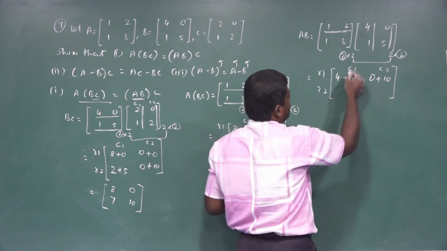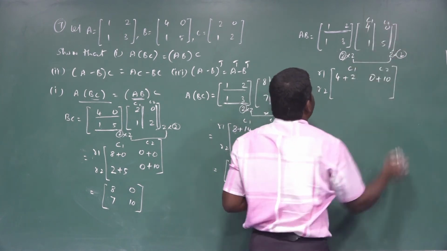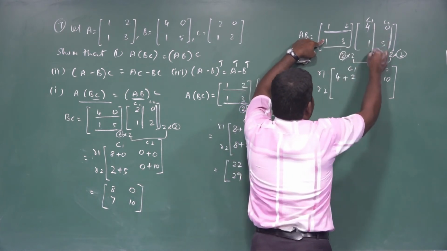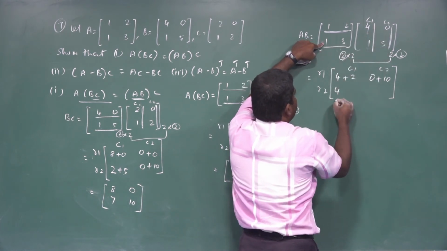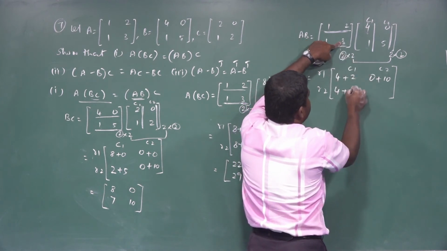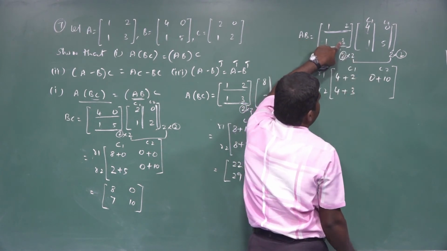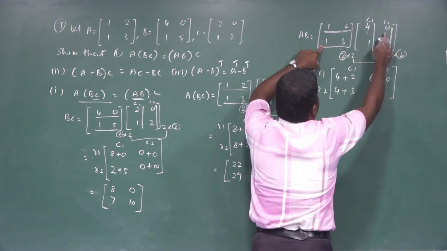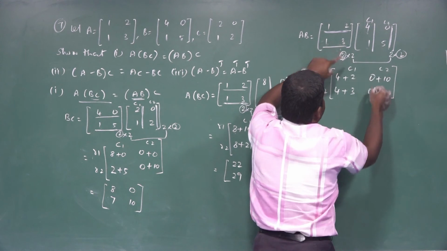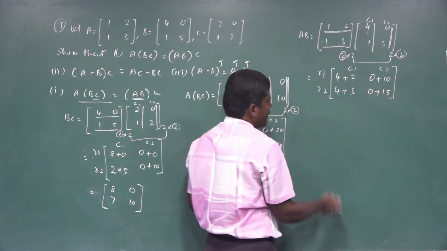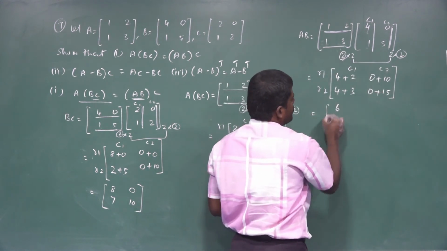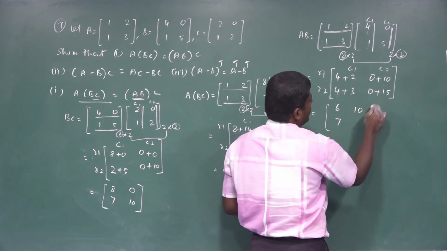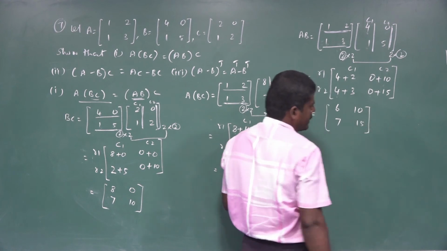Next you take the second row, first column. 1 4s are 4. 3 1s are plus 3. So first column is over. Next you multiply the second column, second row, second column: 1 into 0, 0. 3 5s are plus 15. Understand? Now 4 plus 2, 6. 0 plus 10, 10. 4 plus 3, 7. 0 plus 15, 15.